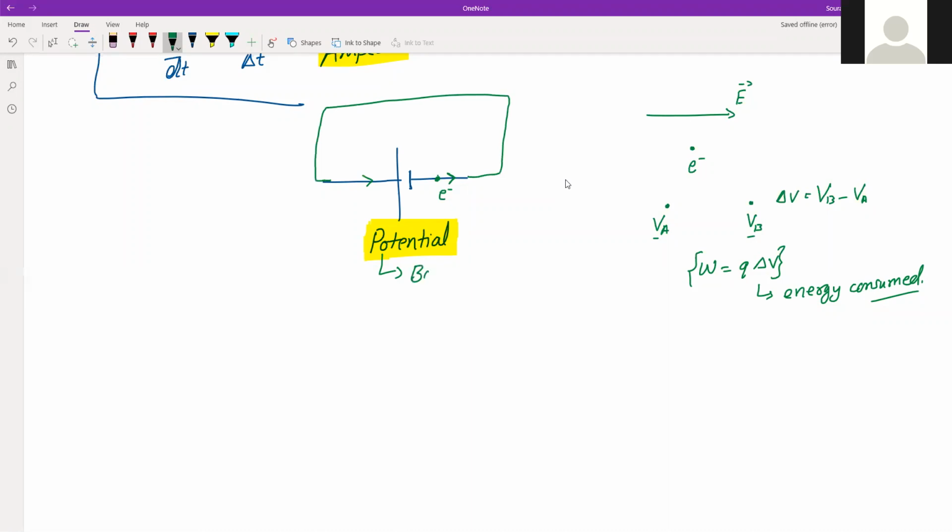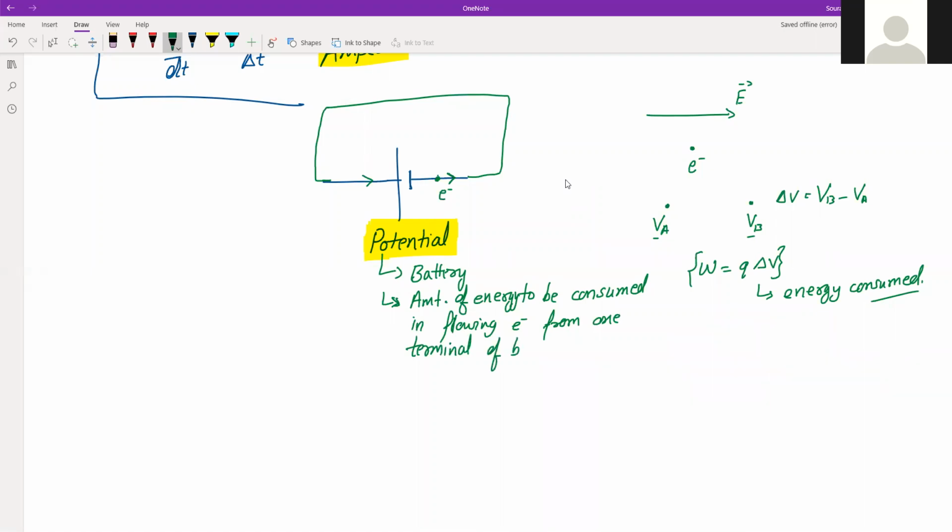So potential is given by the battery, and it is the amount of energy to be consumed in flowing an electron from one terminal of the battery to another.